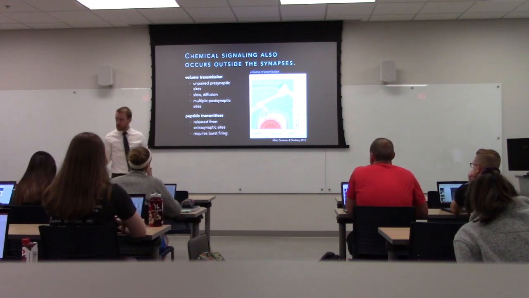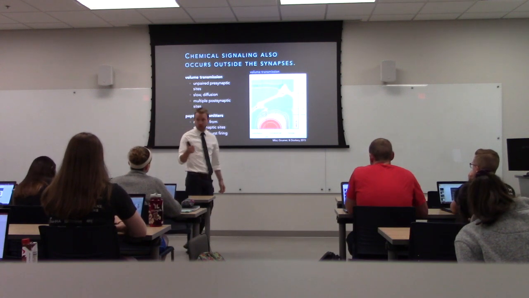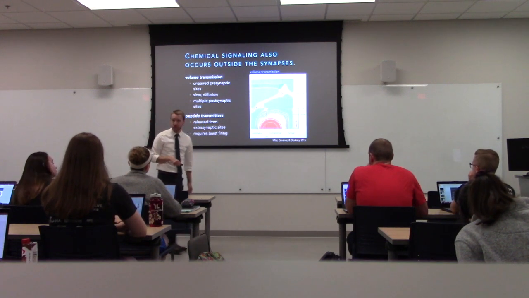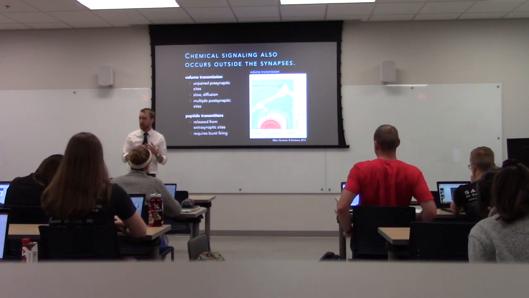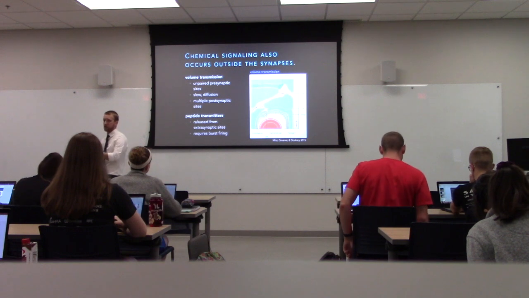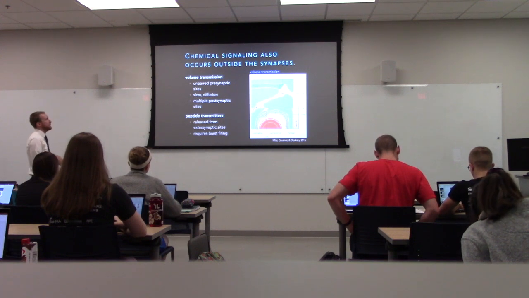Sure, it's a lower concentration, but it hangs around a little bit longer and you contact additional sites. So this allows you to get a more uniform response in that nucleus that you're communicating with. This is especially important for dopamine because it tends to act over a large area and over a long time.